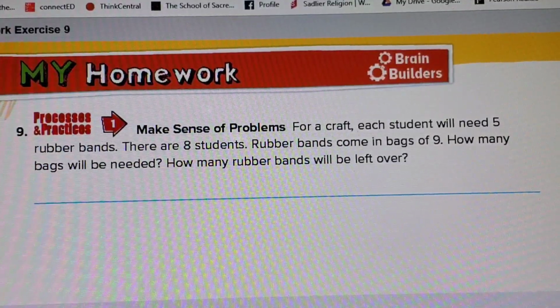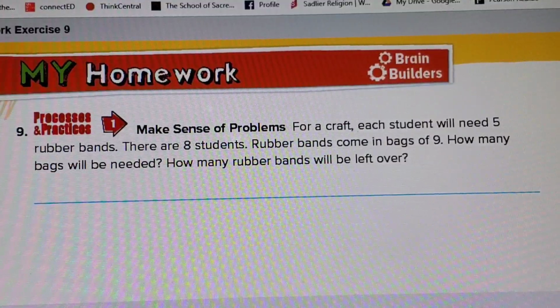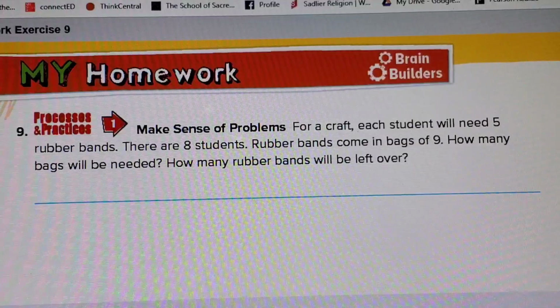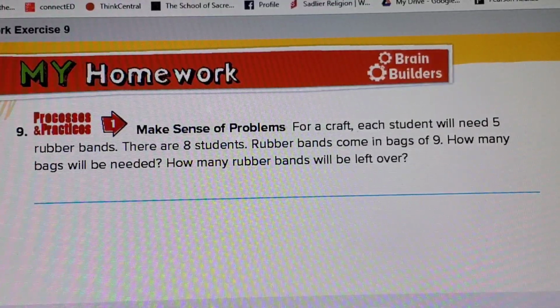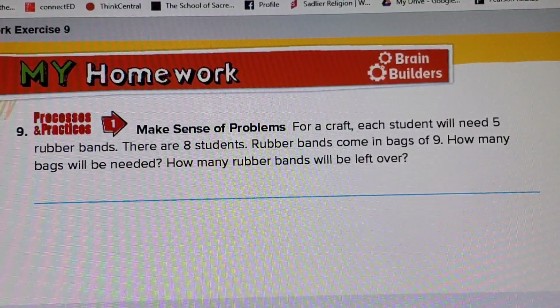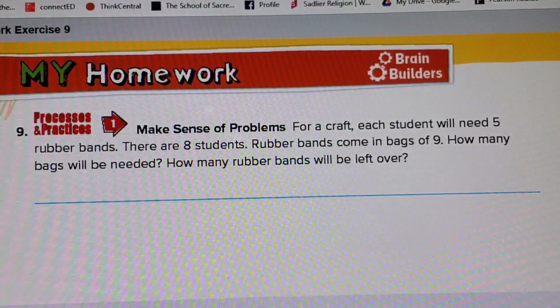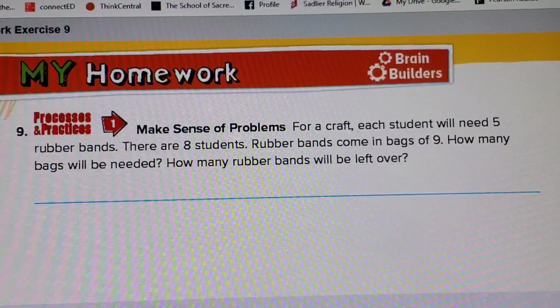And I'll tell you that will be 40. Now use your chart and look at the number 9 line. What times 9 will get you at least 40 rubber bands? Once you figure that out, you can find out how many bags will you need and how many rubber bands will be left over. It is a bit tricky.